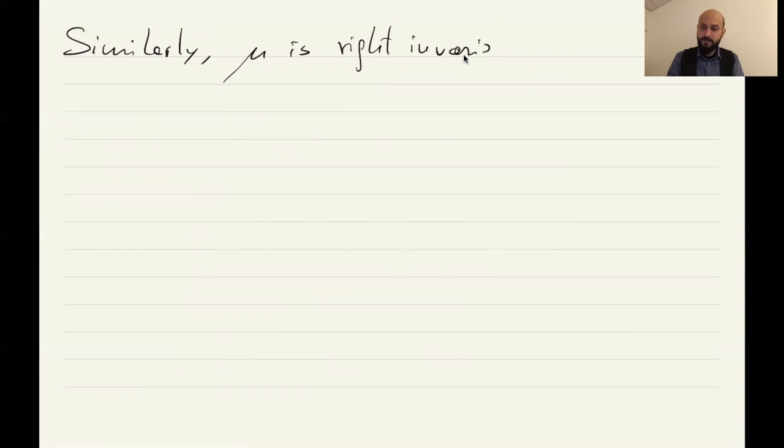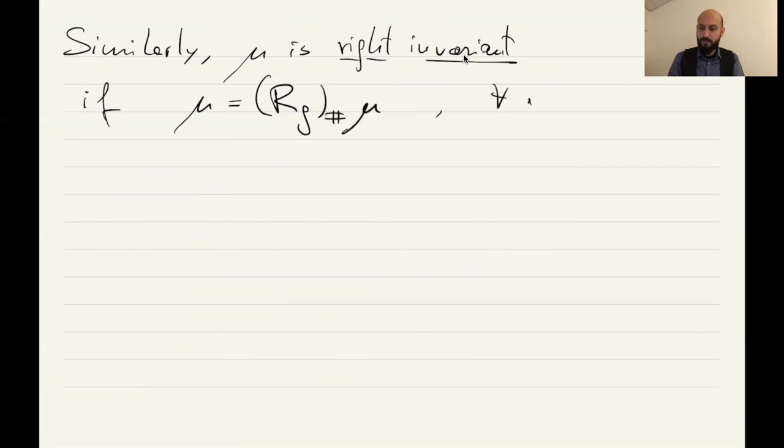Okay, now similarly, mu is right invariant if mu is equal to the push forward of mu by the right translation R_g for all g in G. Okay.